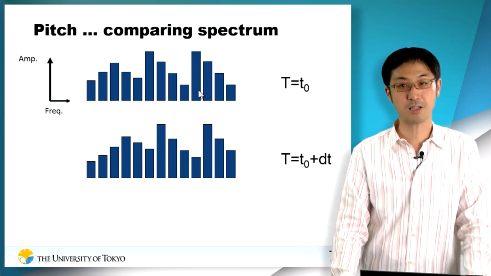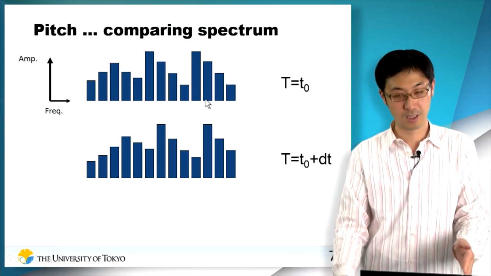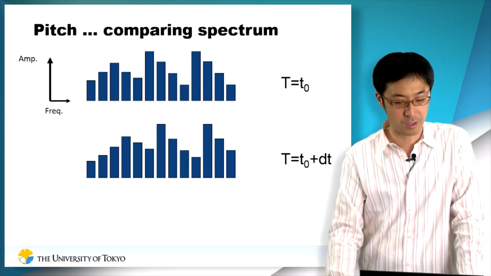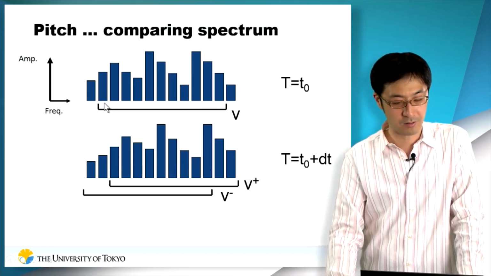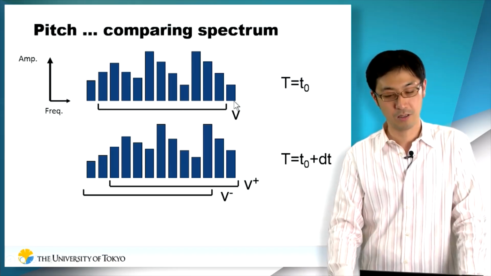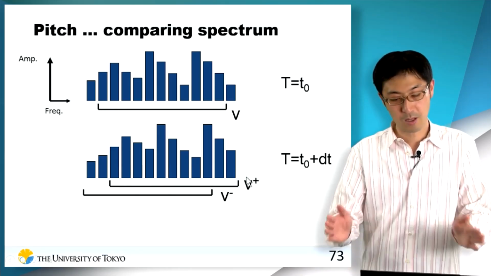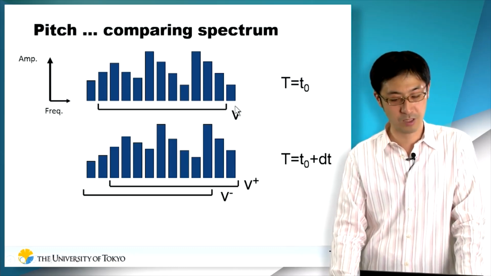Your task is to detect whether this frequency signal is shifting downwards or upwards. In order to do it, we aggregate this signal into a vector, and then for the next frame, we get a vector shifted upwards and also shifted downwards. So you have three vectors.